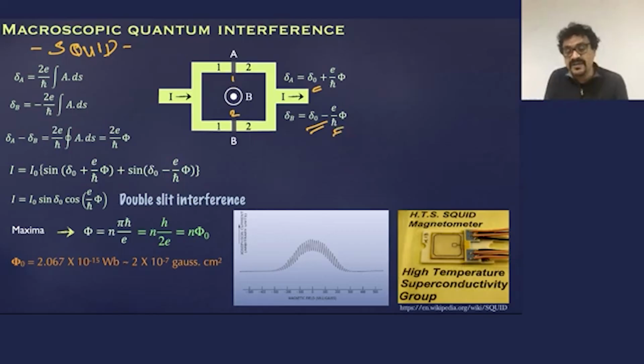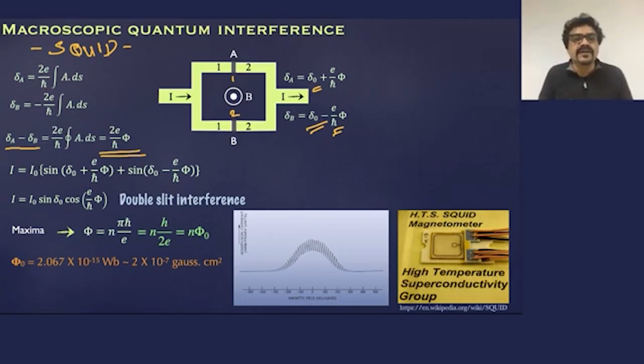So now the phase difference between the charge carriers propagating through the lower and upper arm will be basically delta A minus delta B, that is 2e by h bar into phi, where phi is the overall flux going through the ring.